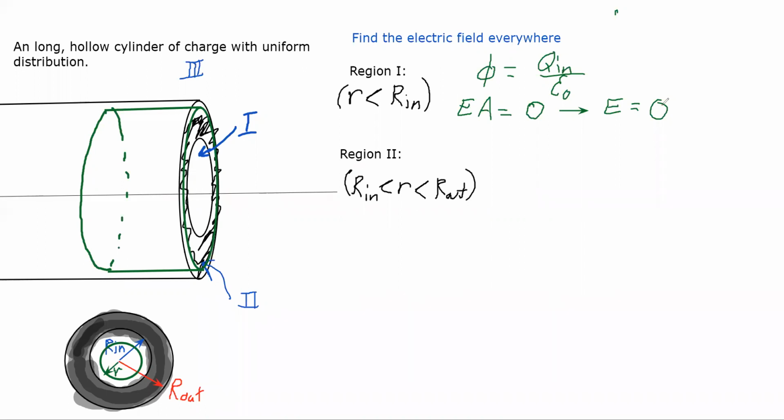In the other picture, it's going to be kind of hard to tell because it's dark. Should pick a different color. Something like that. Okay, so it's in there. So I do have charge inside this, and that's going to be the trick here. How do you find that charge inside the Gaussian surface? Region two is going to be the trickiest part here.